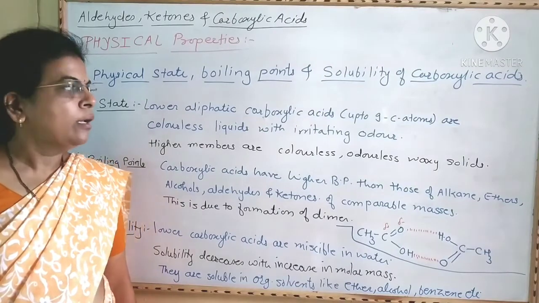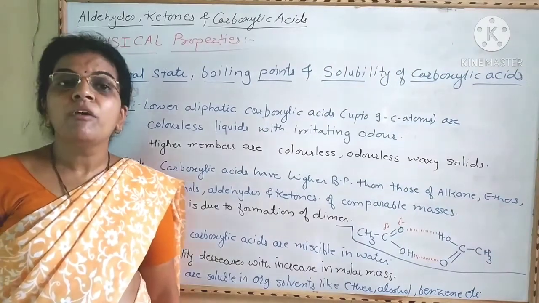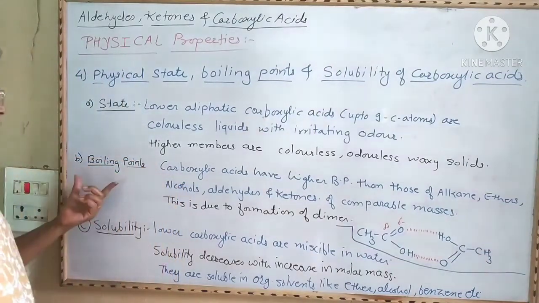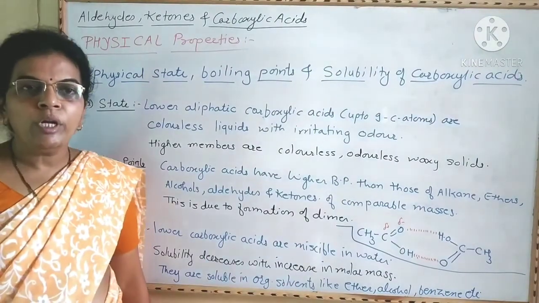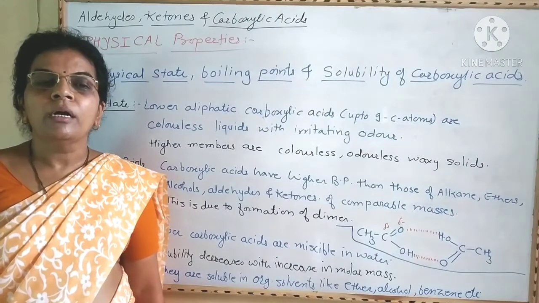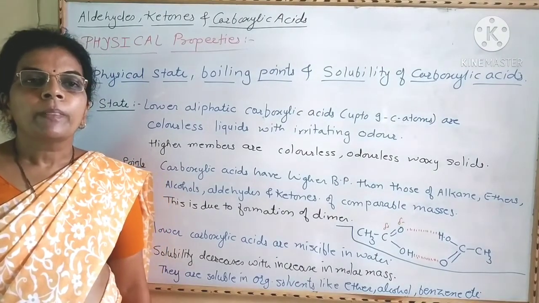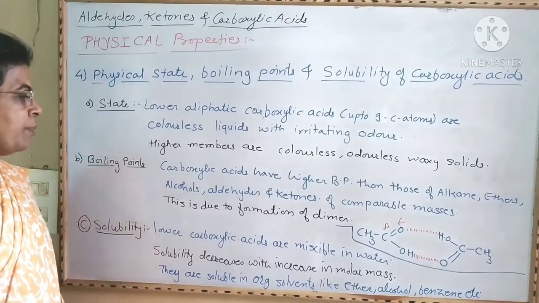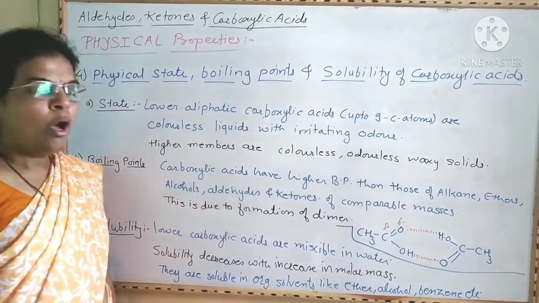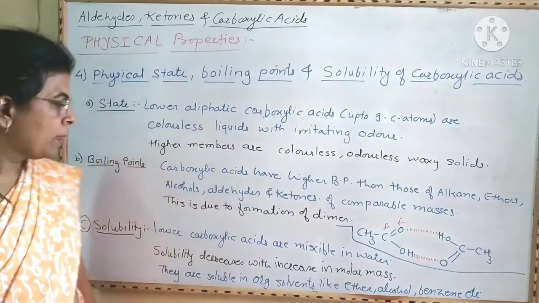Higher members are colorless, odorless, waxy solids. The next is boiling point. Carboxylic acids have higher boiling points than corresponding alkanes, alcohols, ethers, or aldehydes and ketones of comparable masses.